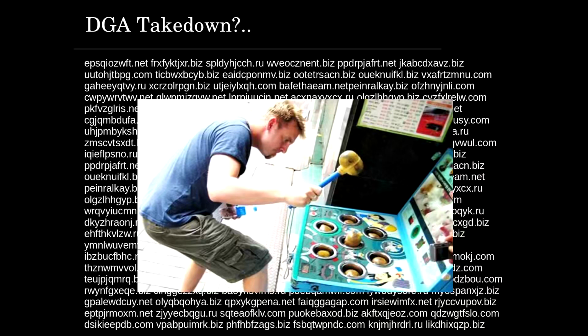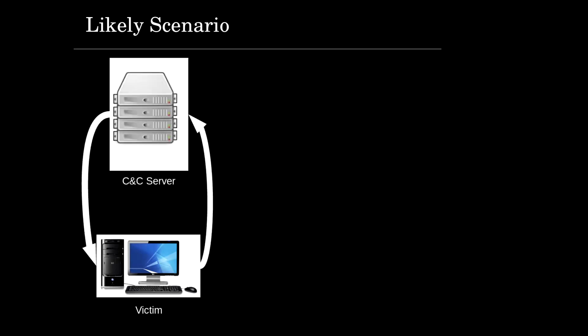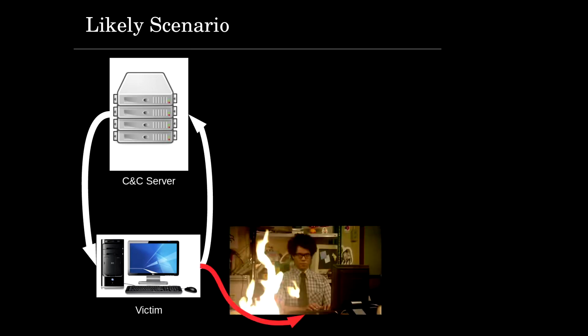Now, if a DGA takedown happens at all, here's the more likely scenario of how it's going to play out. First, you have your victim, and your victim gets infected in some, I don't know, enterprise or something, and it contacts the CNC server, and there's data exfiltration and so on going on, and eventually someone wises up to this, and the hot potato gets thrown over to incident response.